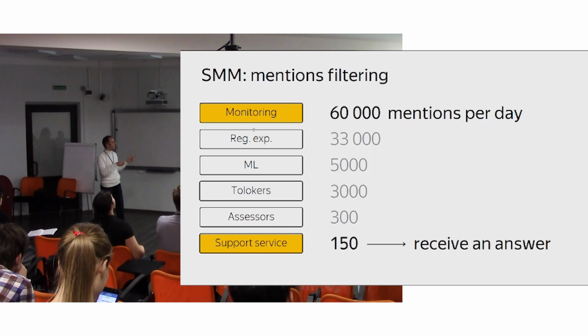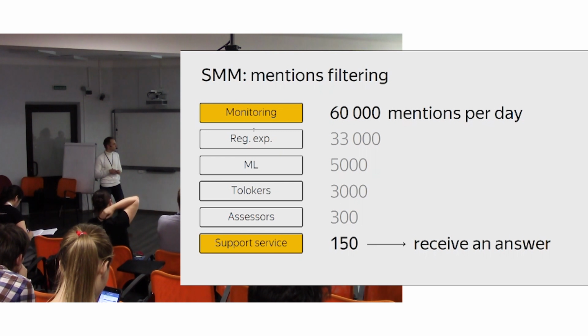Assessors, we call an assessor a highly trained Toloker who is a Yandex employee, get us about 300 of them, and to the support service every day only about 100 or 200 mentions get through. So we are able to react to them pretty immediately. I heard that the median time is like 5 minutes and the top time is like half an hour or so. Pretty impressive.